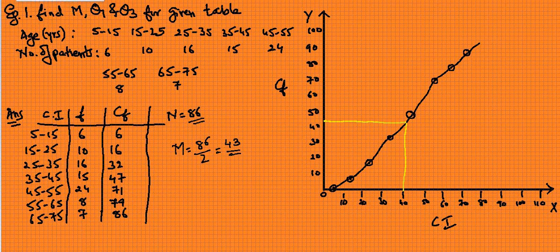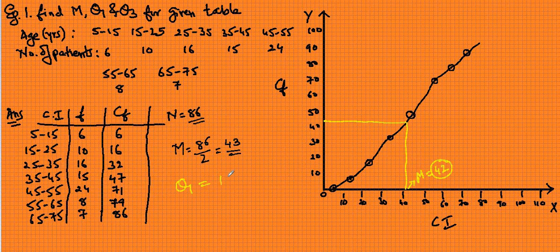If you draw it properly, it will come nearly to 41 point something. So this is my median, which is nearly 41, or let us say 42.